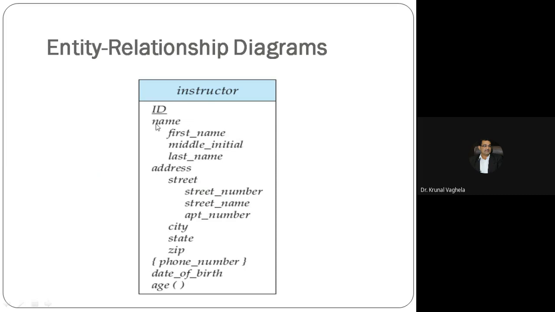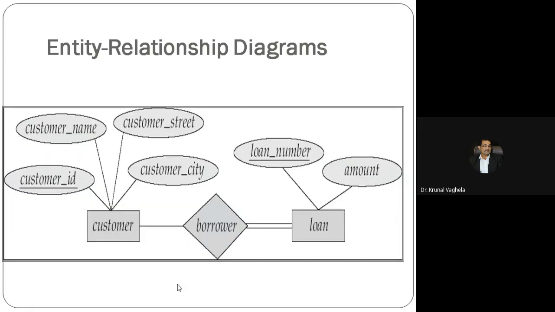Name is a composite attribute because it is further divided into first name, middle name, and last name. Address is also a composite attribute because street is divided further. Multi-valued attributes are in curly brackets, and derived attributes are like this. Just the representation changes, the meaning remains the same. So you can use whatever you find good. I am comfortable with this, so I am using this.